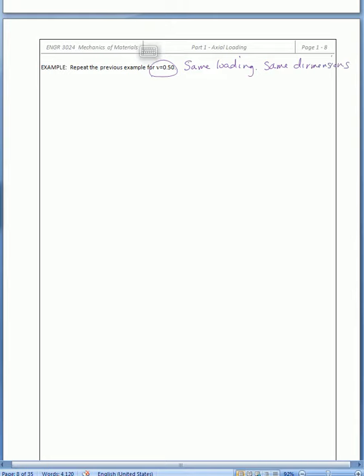So with all that being the same, the cross-sectional area has to be the same. We already said that the load, axial load P, is the same. So therefore, given that axial stress is the axial load over the area, that has to be the same at 4,000 psi.